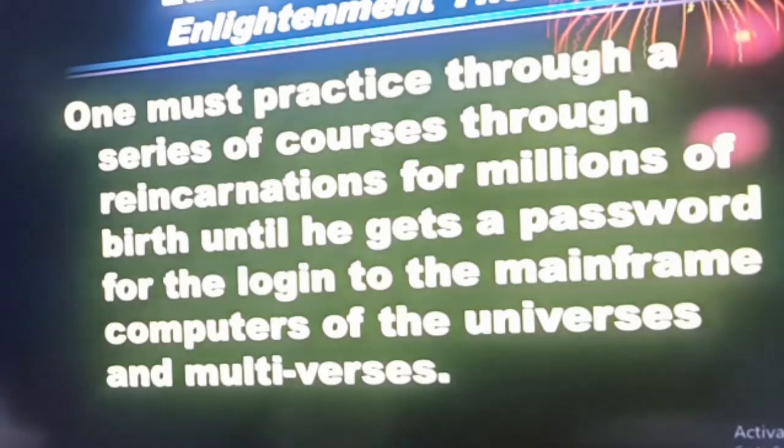One must practice through a series of courses, through reincarnation for millions of births, until you get a password for the login to the mainframe computers of the universe and multiverses. That's why, actually all of us can become a Buddha sometime in the future. Then we'll get the access, the password to log on to the mainframe of the universe.